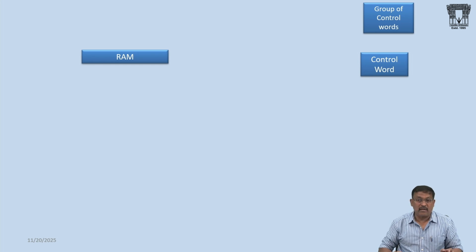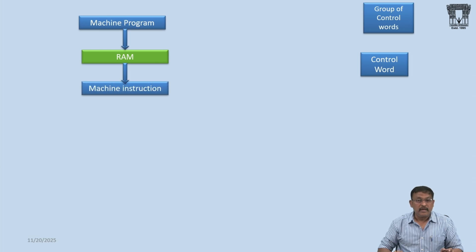I'm moving along the sequence I plotted. So this is a machine program composed of machine instructions which are stored in the RAM locations, right? A machine instruction is extracted from the RAM location. To execute that machine instruction, I require micro instructions.